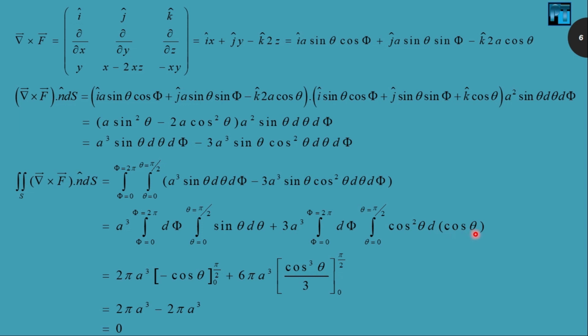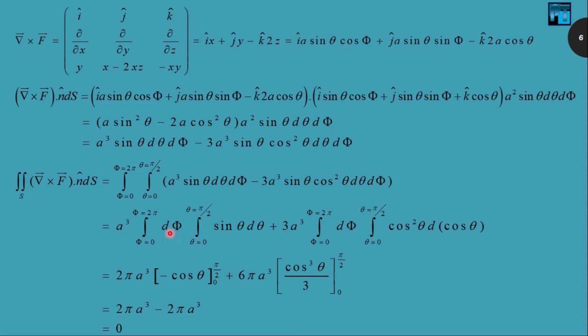Now see, d of cos theta means minus sin theta d theta. That's why this minus becomes positive here. Actually there are 2 or 3 step jumps here. This can be rewritten as cos square theta d of cos theta, which invites another negative sign, then that negative and this negative become positive.